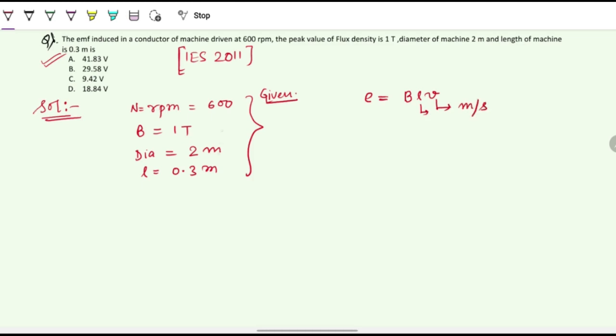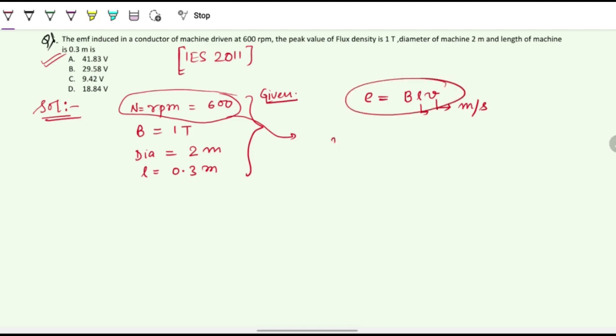But here in the question the speed is given in terms of RPM. So this RPM has to be converted in terms of meter per second before putting this value in this formula.